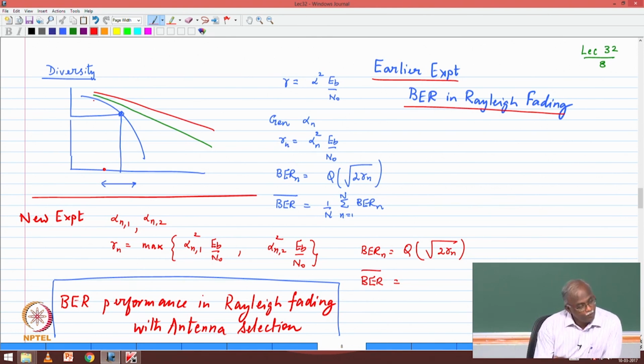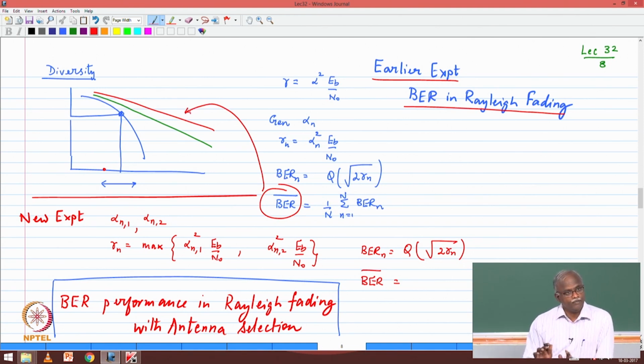You computed the corresponding BER for the instantaneous SNR value, repeated this experiment multiple times and then took the average. This average BER is what we saw reflected by this graph. Okay, I hope you are comfortable.